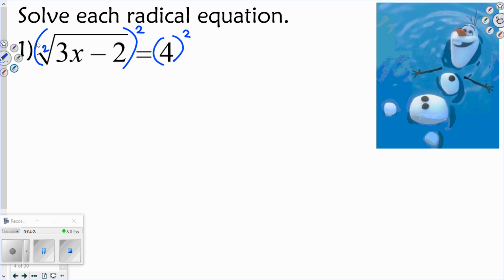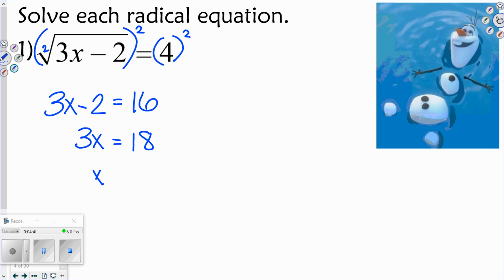These are going to cancel each other out. So I just have 3x minus 2. It makes that whole radical part go away. And what's 4 squared? And then just solve. We'll add 2, so 3x equals 18. Divide by 3. x equals 6.